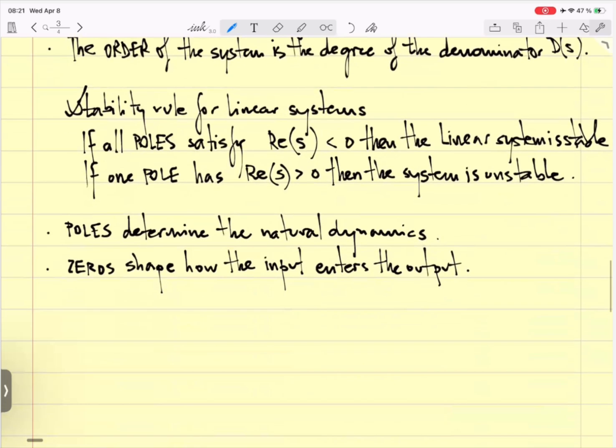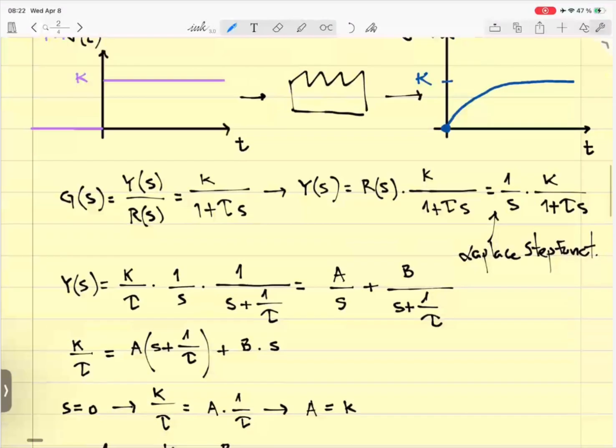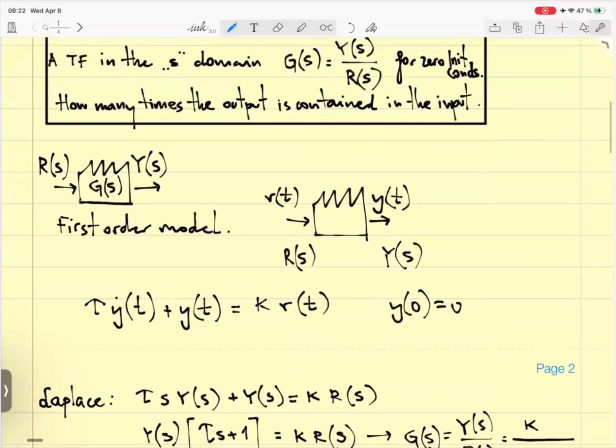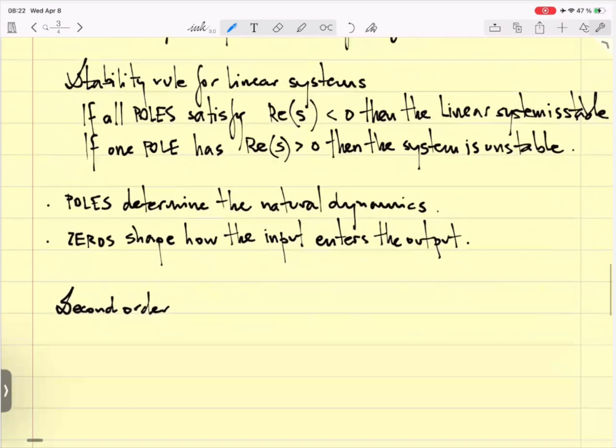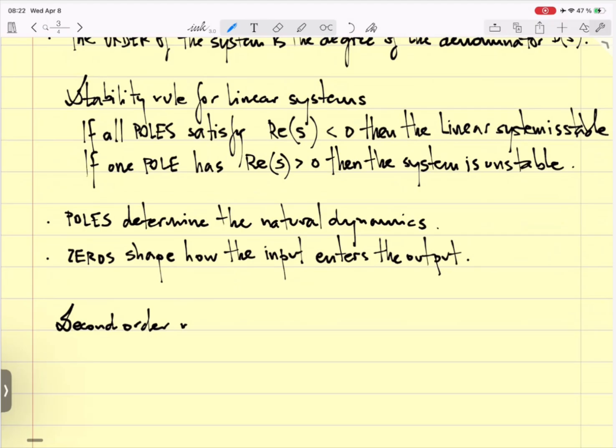Let's analyze the second order transfer function, and this will give us more insights. So imagine we have a second order model and a step response to it.